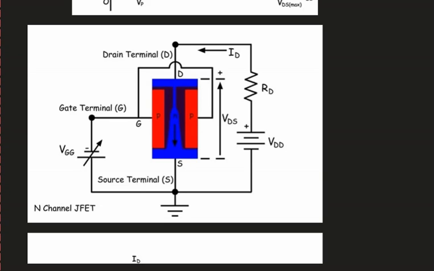So the voltage that appears between the drain and the source, we will use VDS. If we solve VDS, the voltage along drain to source, that will be equal to VDD minus ID RD, where ID is the current along the drain. Still the same process that we are doing.